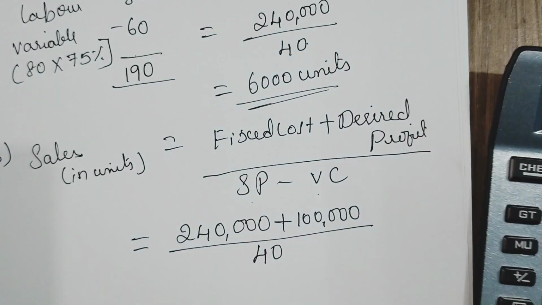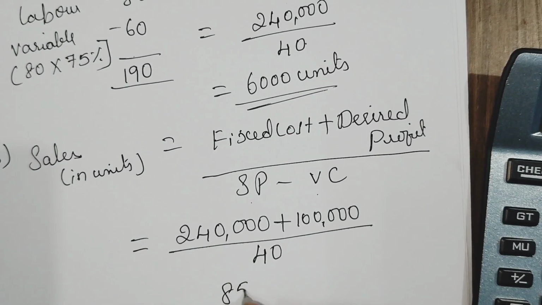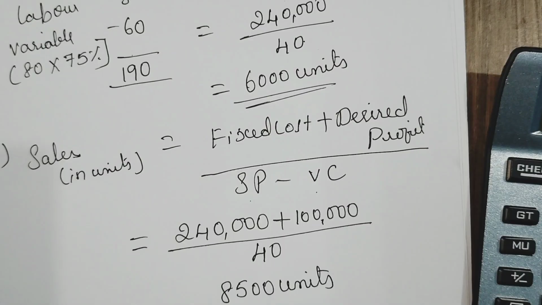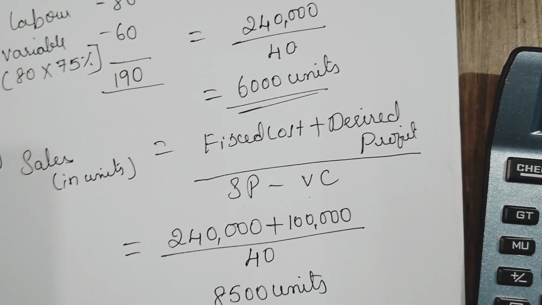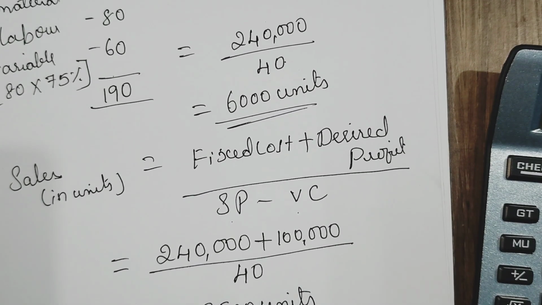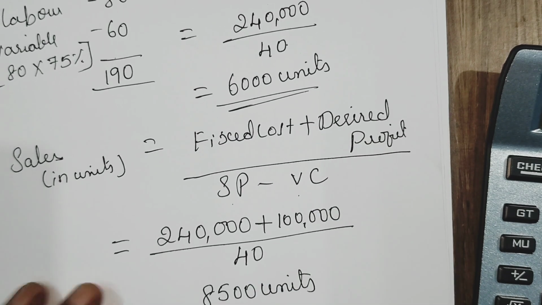That gives 8,500 units. To make a profit of 1 lakh, he needs to sell 8,500 units.